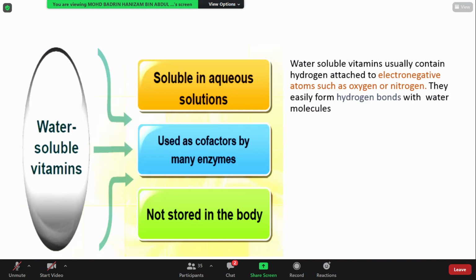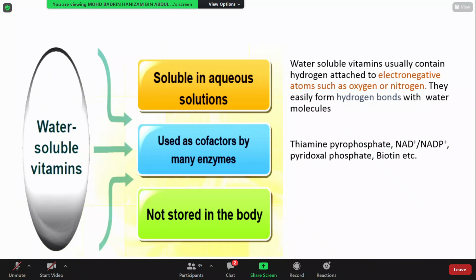Because these vitamins contain hydrogen attached to electronegative atoms such as oxygen, the hydrogen of the vitamin will attach to the oxygen of the water. So by forming hydrogen bonds, they are going to get ionized and soluble in water.